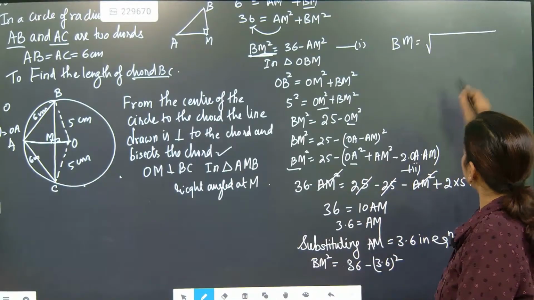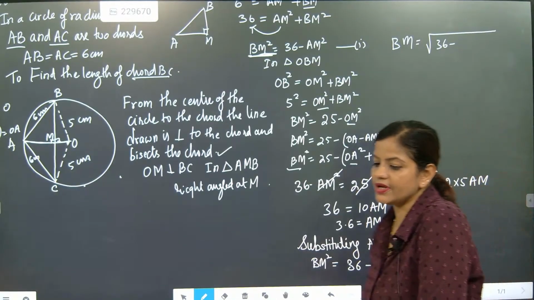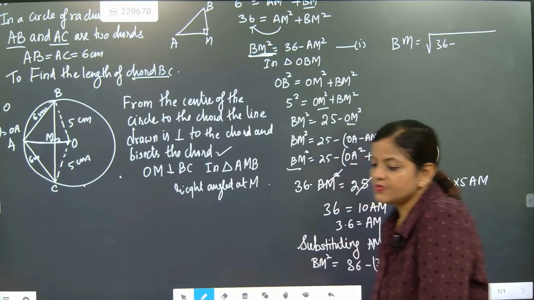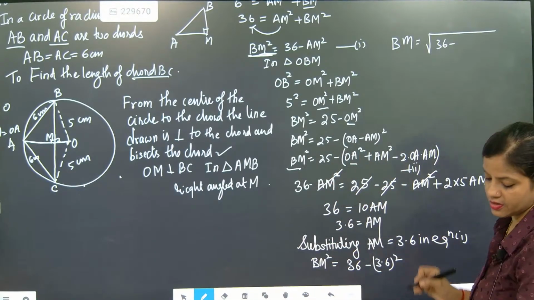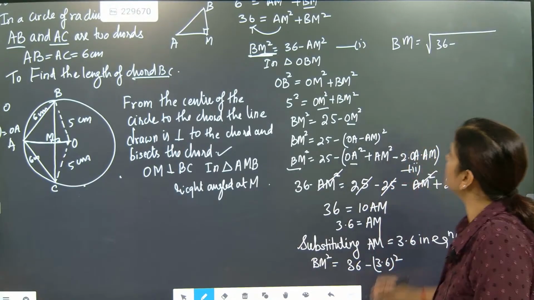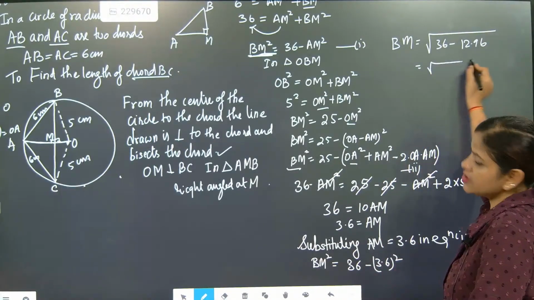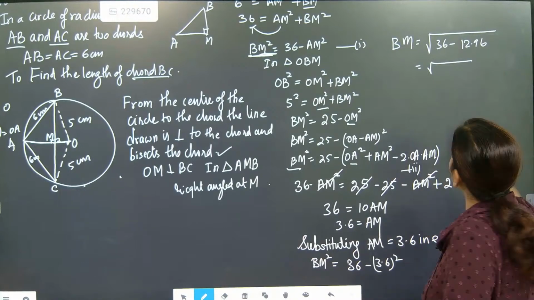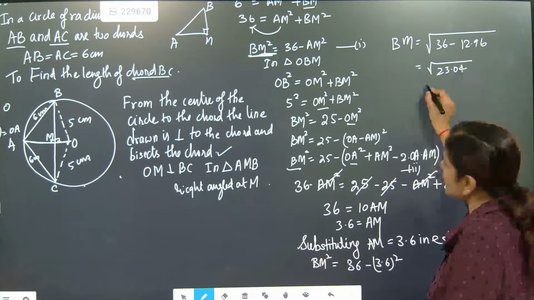Root under 36 minus 3.6 square. 3.6 into 3.6 will become 12.96. Minus, you will do, it will come how much, beta? 23.04. And this part will come as BM.